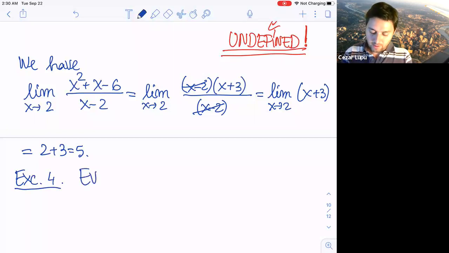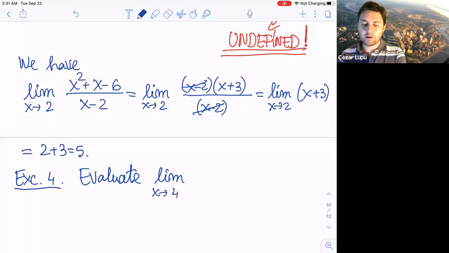And the other example that I have in mind is the following. If we want to evaluate the limit as x approaches 4 of the square root of x minus 2 over x minus 4.